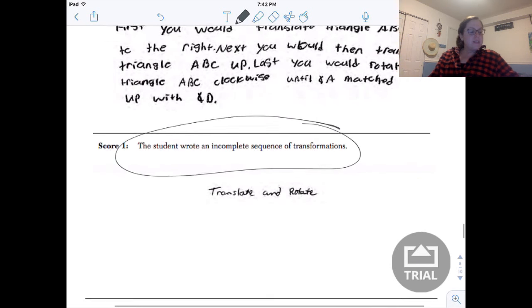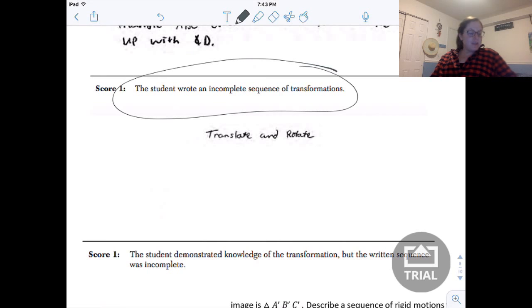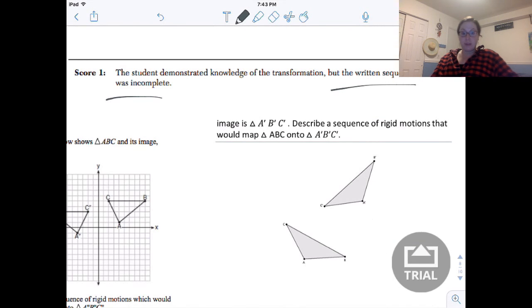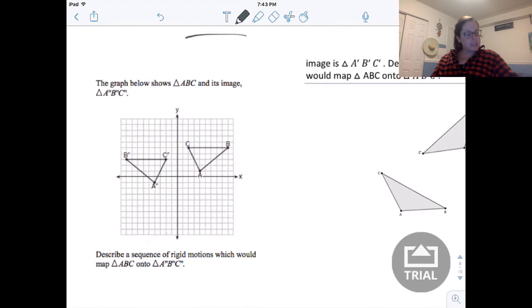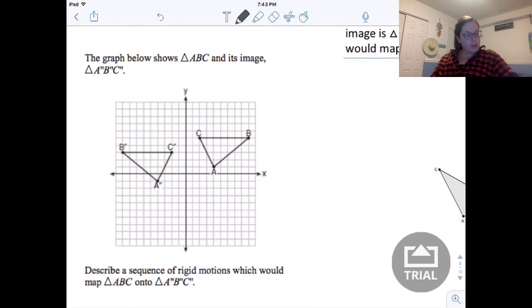This is another one. They demonstrated knowledge, but did not write a complete sequence. Translate and rotate. Sure, that's true, but that's not a complete sequence. Okay, so make sure that that's in there. All right, so let's try 2 of these. So this first one says, the graph below shows triangle ABC and its image.